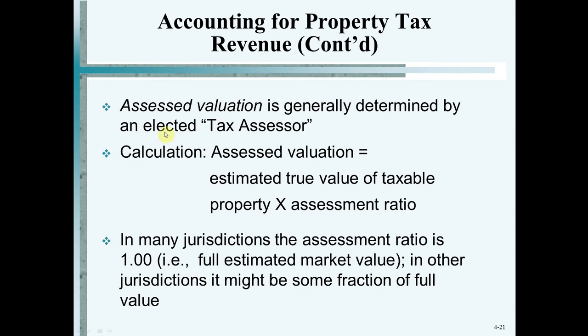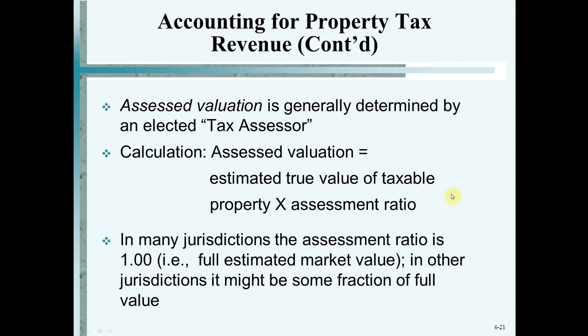The assessed valuation is generally determined by an elected tax assessor. The calculation again is assessed valuation equals estimated true value of taxable property times assessment ratio. This would be really easy to see in a property tax situation.